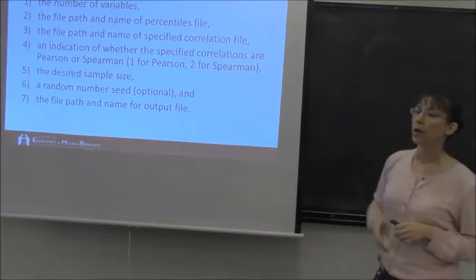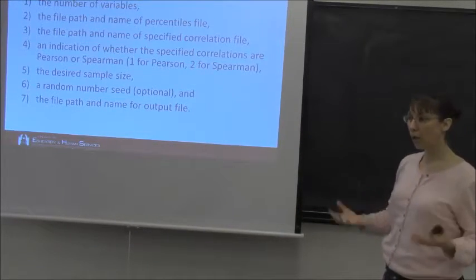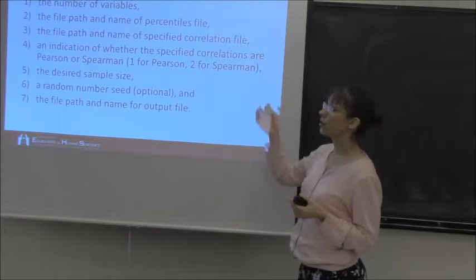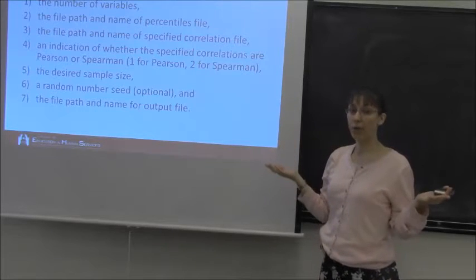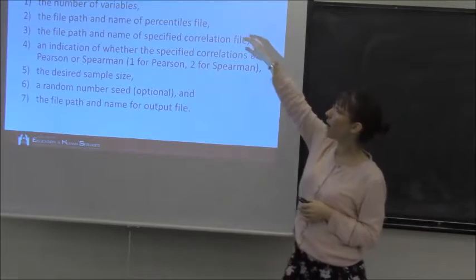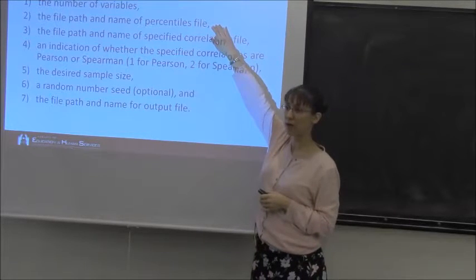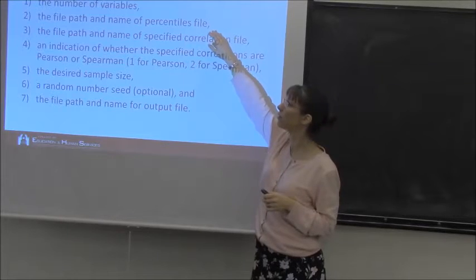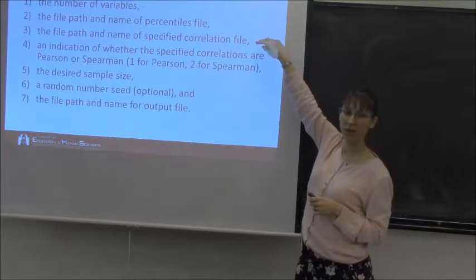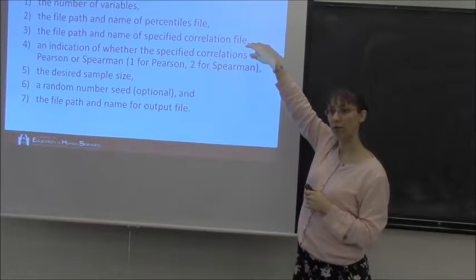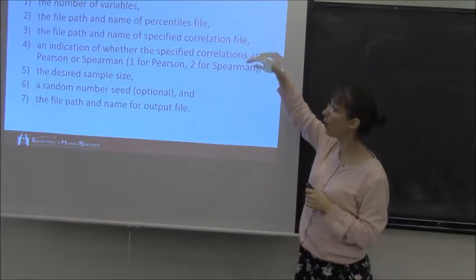All right, now, if we're going to go ahead and invoke this macro, call this macro, we're going to need 7 things. So for starters, we're going to need to tell it how many variables we want it to produce. Second, we're going to have an external file with the percentiles in it, so we just need to tell it where that file is and what the name of that file is. Same thing with the specified correlations. Those are going to be in an external file, and we'll have to tell it where that file is and what it's called.